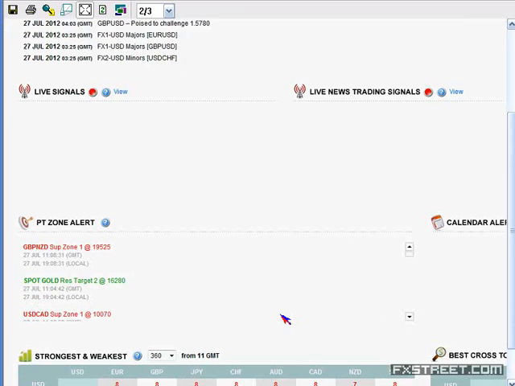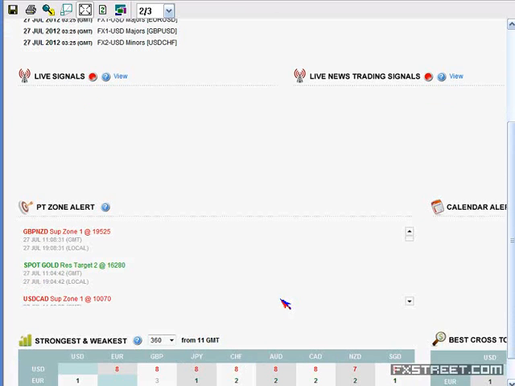In fact, yesterday we had a good move, and we did predict that move, but unfortunately we missed out by about 10 pips, if I'm not mistaken. We missed that entry point on most of the trades.